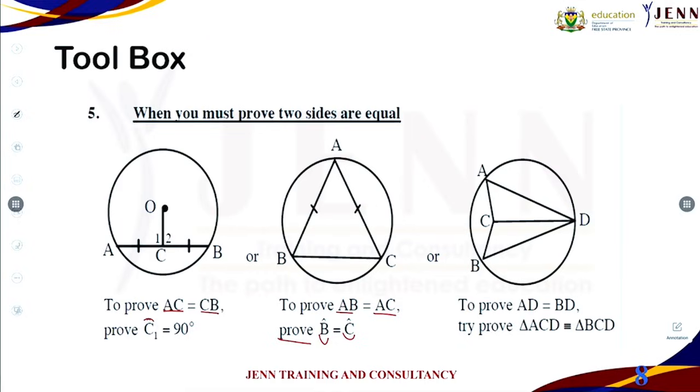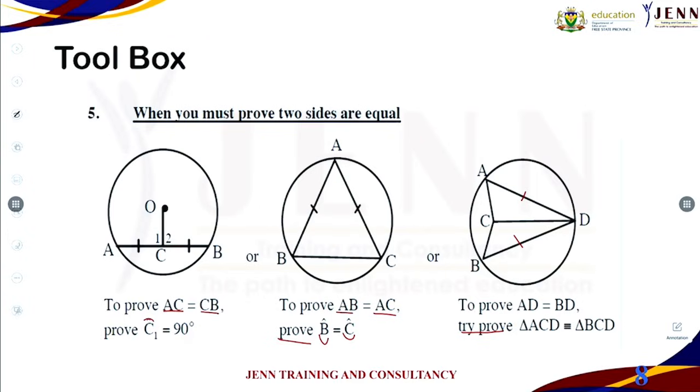And then, another scenario, to prove that side AD is equal to side BD, that simply means if you were to prove that this side is equal to that side, you can try and prove congruency between triangle ACD and triangle BCD.